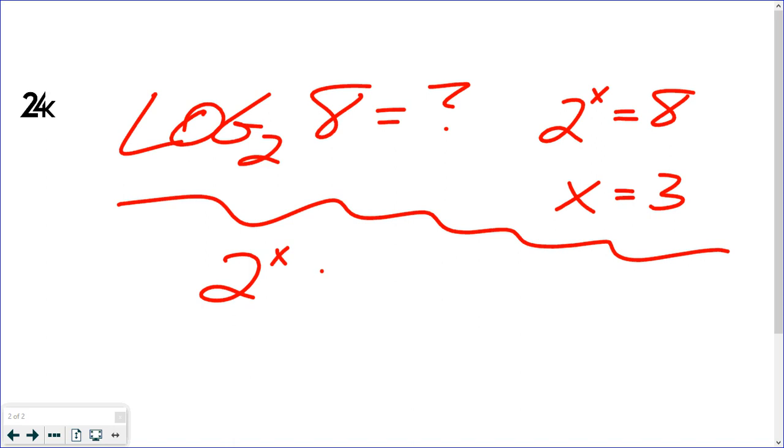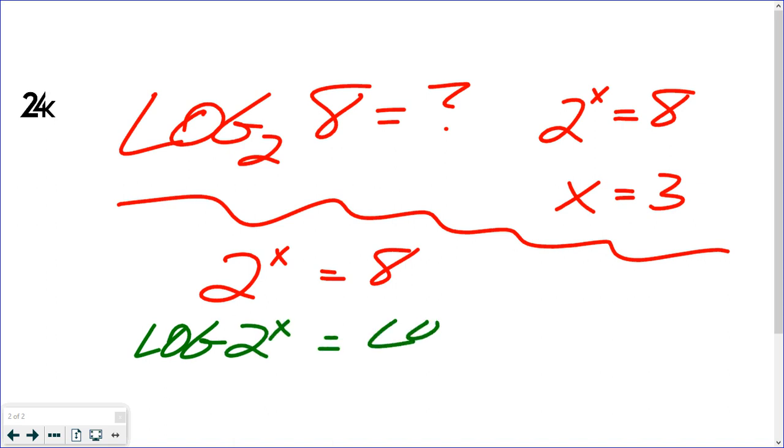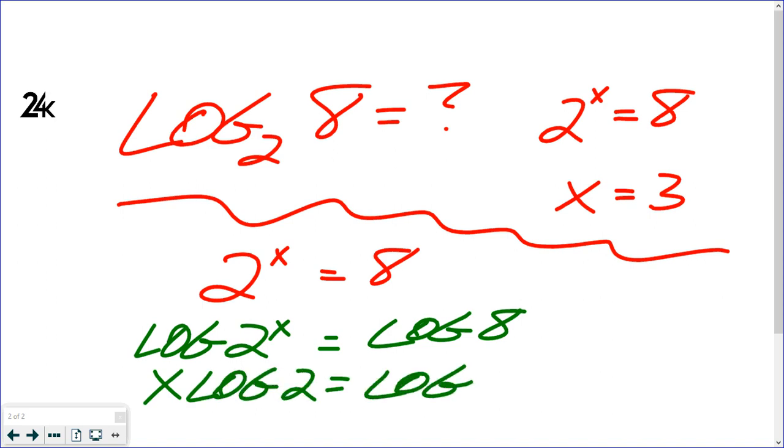2 to the x equals 8. You'd throw in the word log in front of each one of them. Log 2 to the x equals log 8. And then you'd move that x out front. This is a property of logarithms. And then you would say that x equals log 8 divided by log 2.